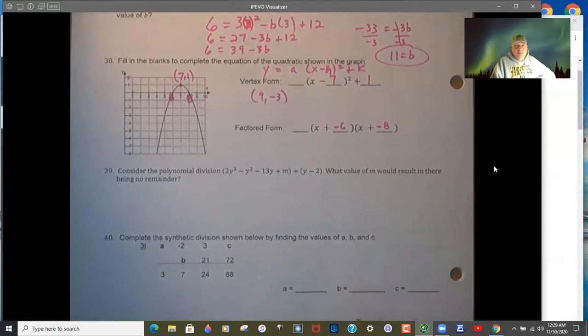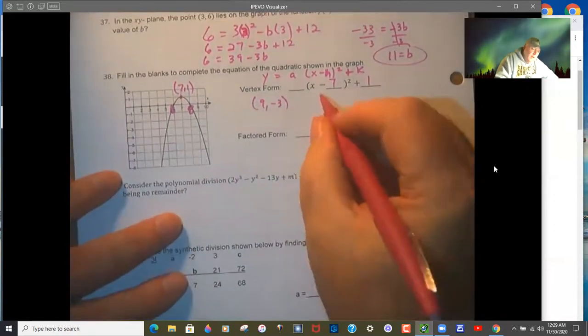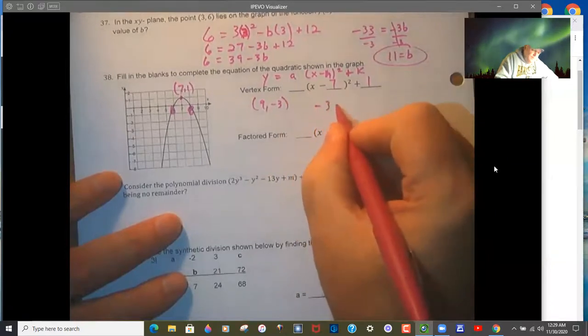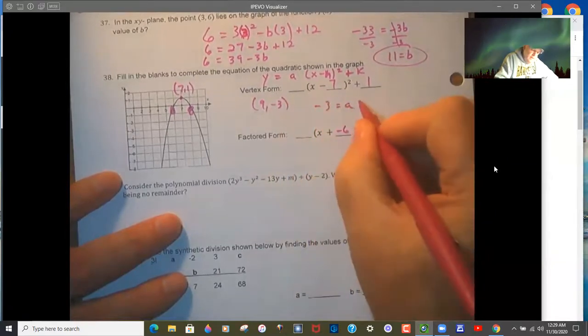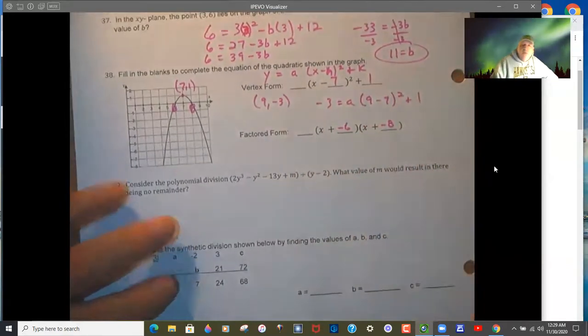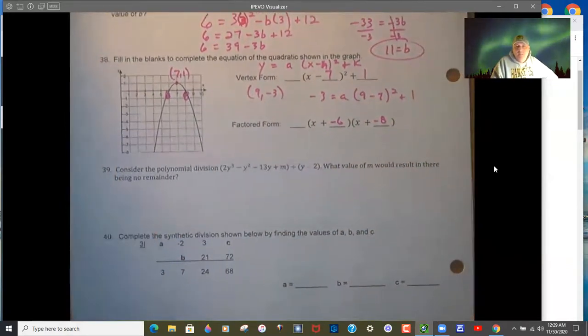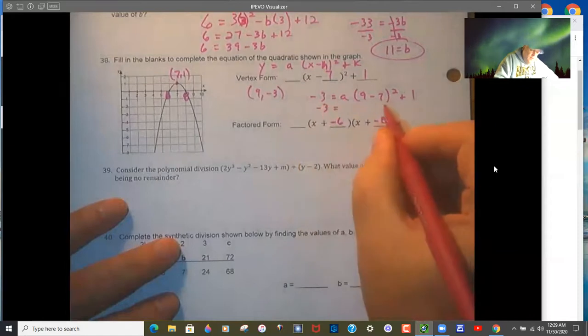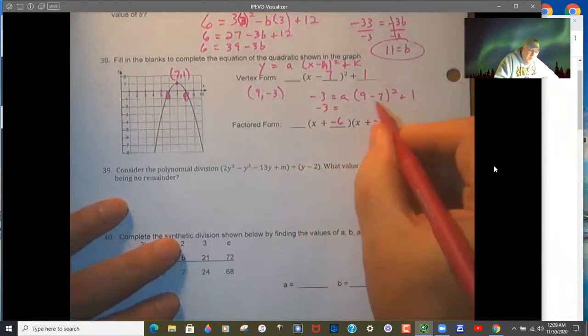I'm going to use the top one. So y is negative 3. X is 9. So we have a times 9 minus 7 squared plus 1. So what does a have to be to make that true is what you got to figure out. Well, so this is 2 squared.